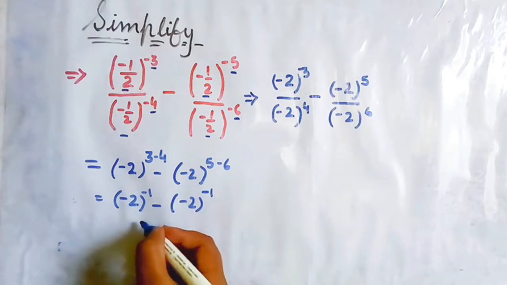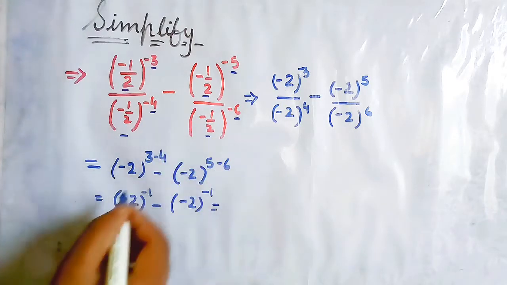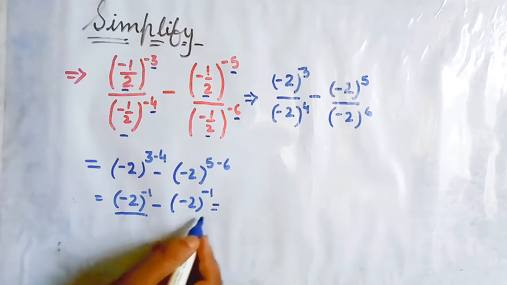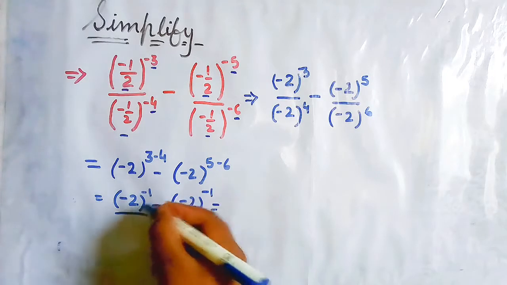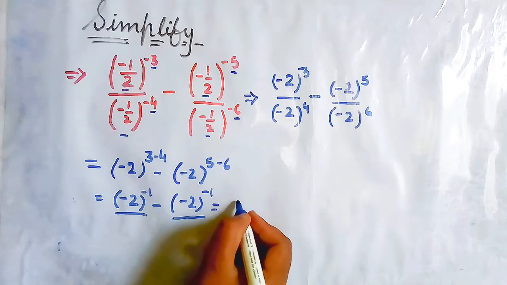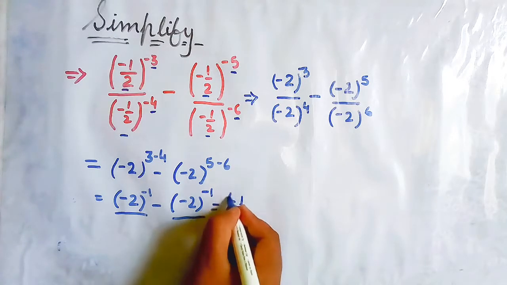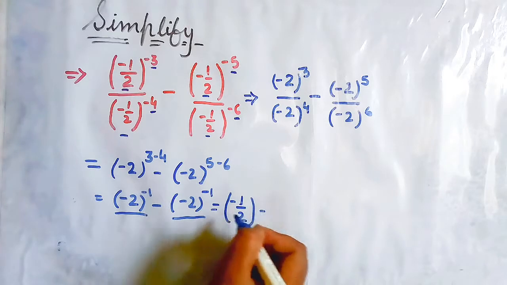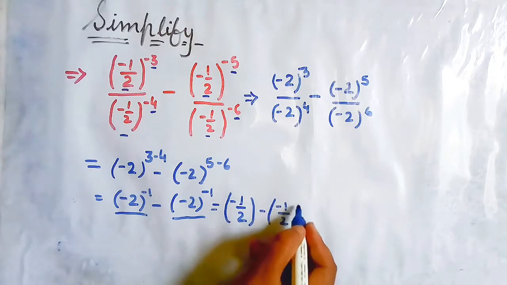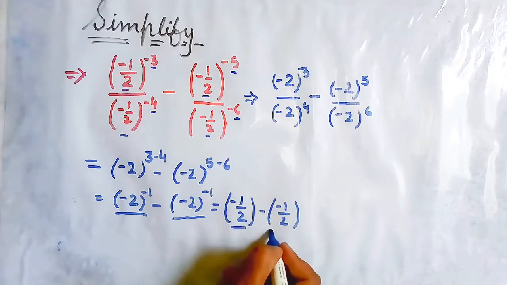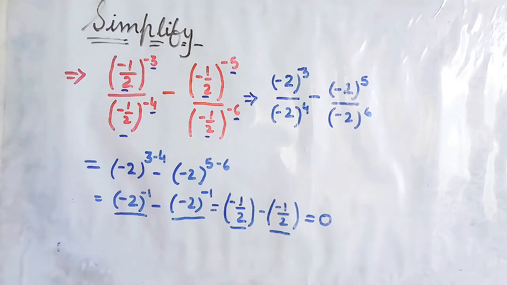You can see same numbers are there, can be equal to 0, but if you want to simplify, you can simplify them. So again -2 inverse means reciprocal of -2 will become -1/2, minus again reciprocal of -2 is -1/2. So -1/2 minus -1/2 will be equal to 0.